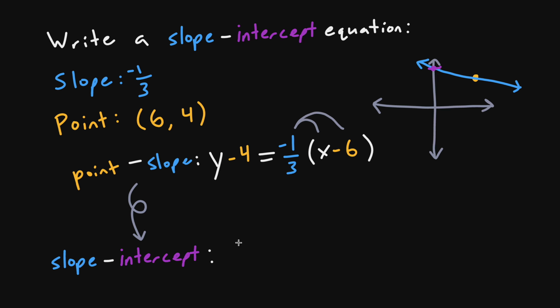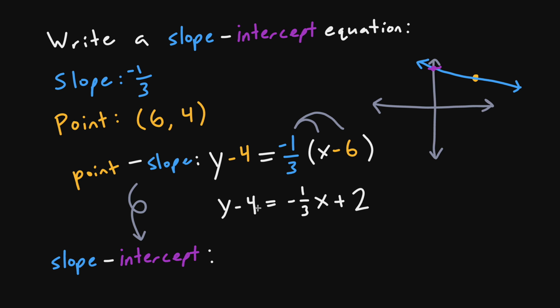So if I distribute the slope, the y minus 4 stays the same. But now -1/3 distributes and it becomes -1/3 x. And -1/3 times -6 becomes plus 6 divided by 3, which is 2. Well, okay, now we're a lot closer.